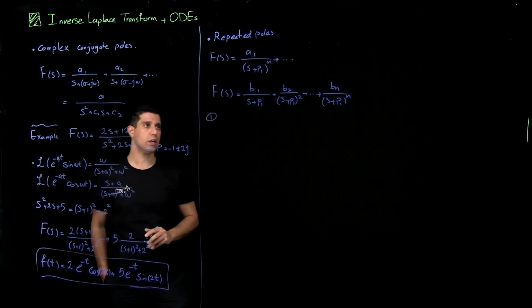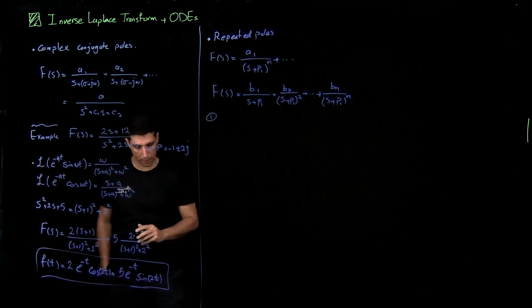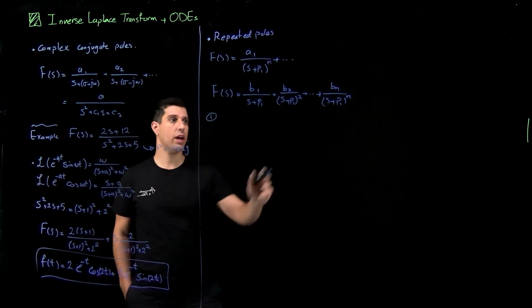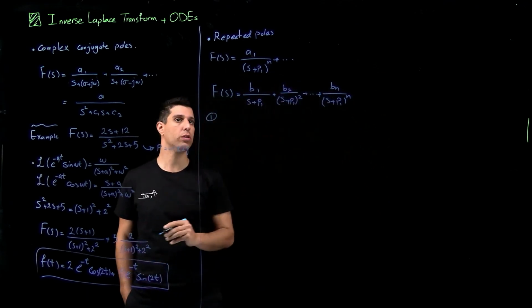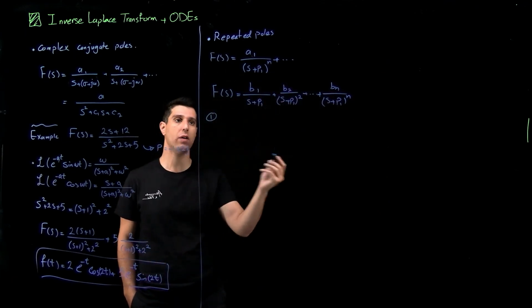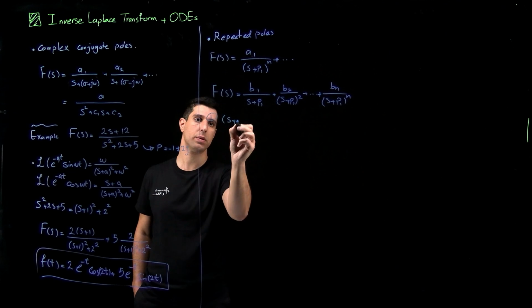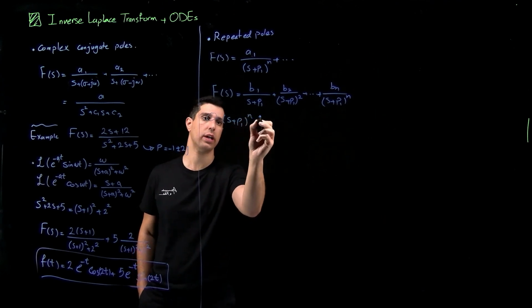First, we start with the highest order and multiply both sides by s plus p1 to the power n.